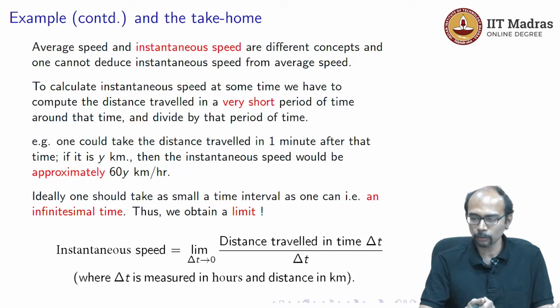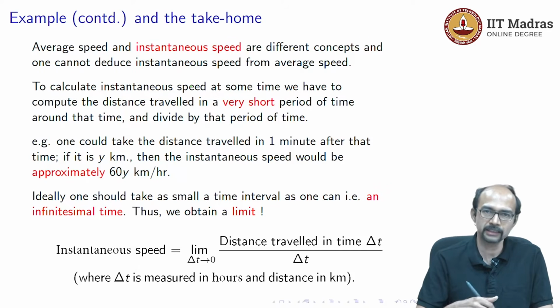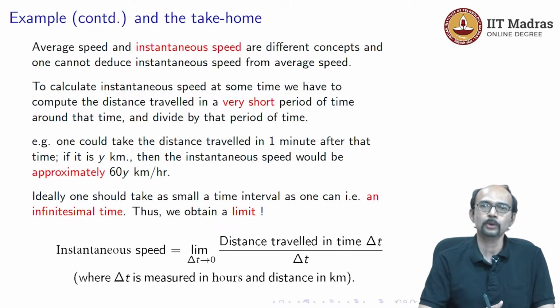Now of course you have to measure this correctly, because if you want it in kilometers per hour, then delta t has to be measured in hours and distance has to be measured in kilometers. So even if you take delta t to be 1 second and distance is 1 meter, you should think of that as 10 to the power minus 3 kilometers and 1 by 3600 hours, right? And then that's how you should calculate. That is how you will get instantaneous speed as a limit.